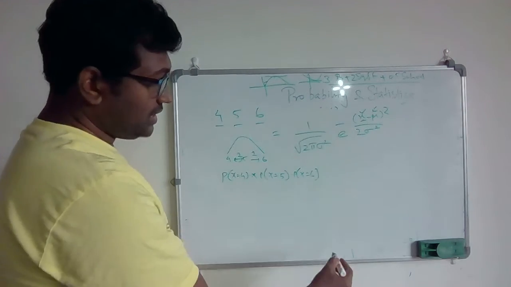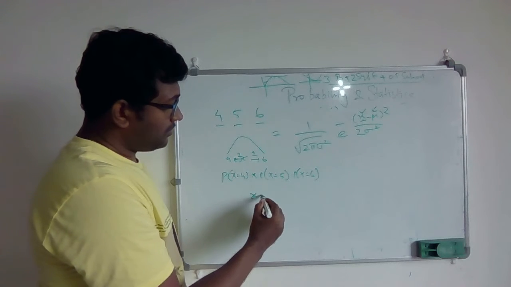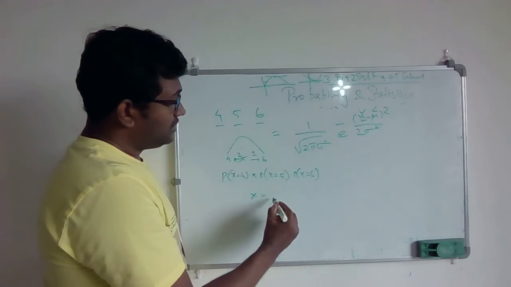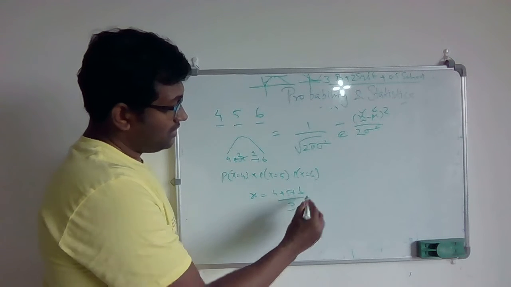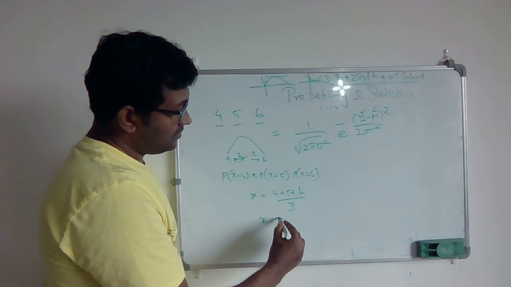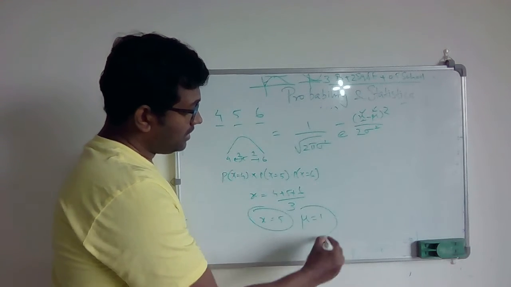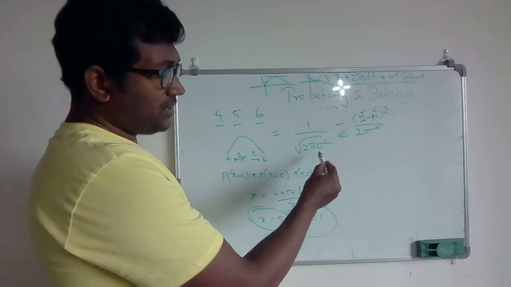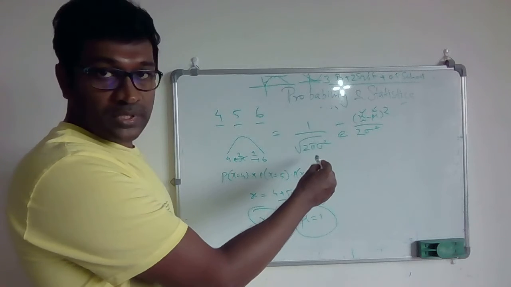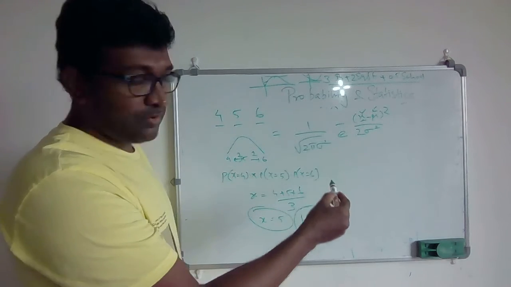If you try exactly the same example, you will end up getting x equal to the sum of 4 plus 5 plus 6 by 3, which is 15 by 3, so x is equal to 5. The standard deviation, you will probably get as 1. If you try this as an exercise, you will find it. Yes, it's a little bit complex because it involves e and things like that, but it's doable.